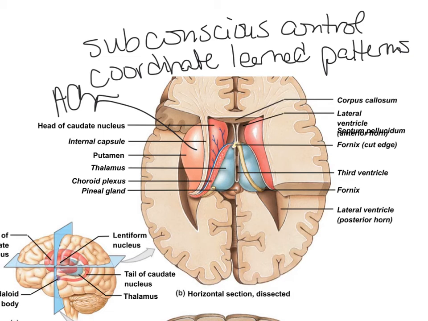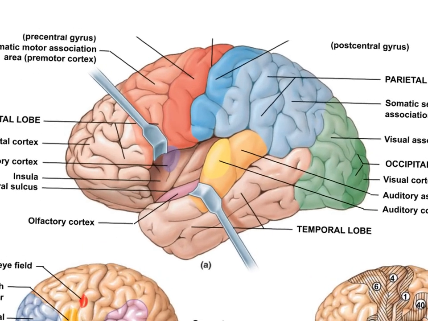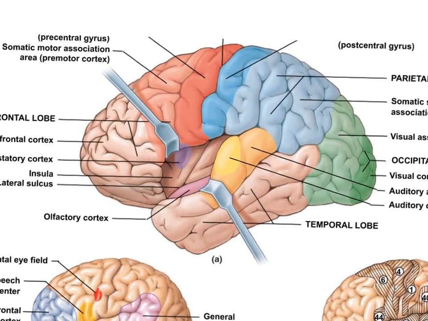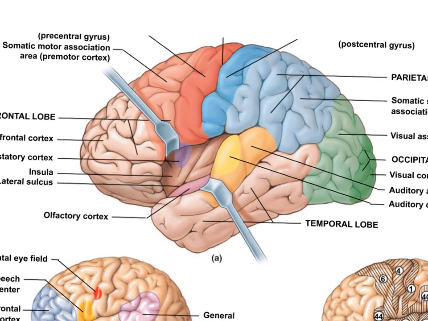Okay, next we're going to look at the cerebral cortex. I already told you some of the things here: the general senses, and the primary motor cortex, which is the precentral gyrus, and the primary somatosensory cortex, which is in the postcentral gyrus.